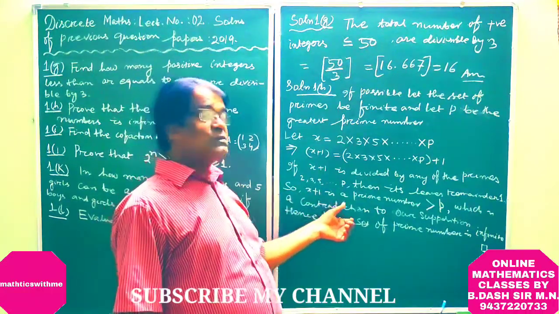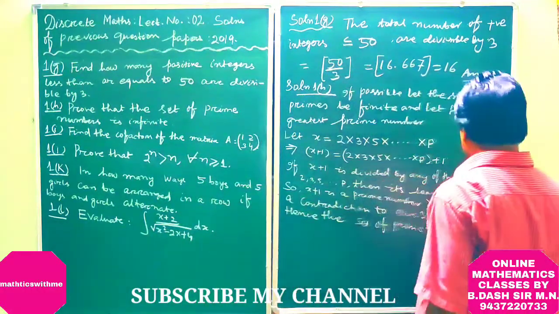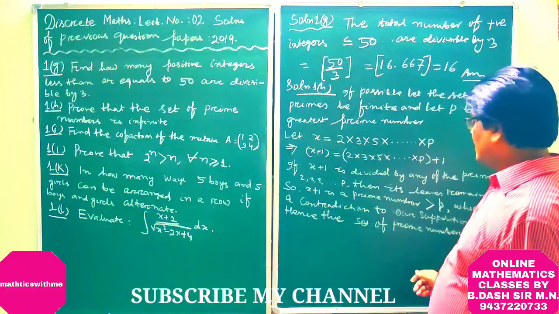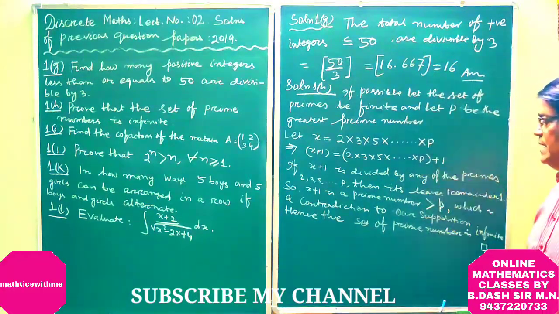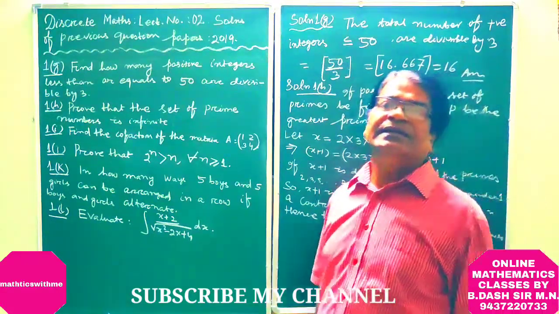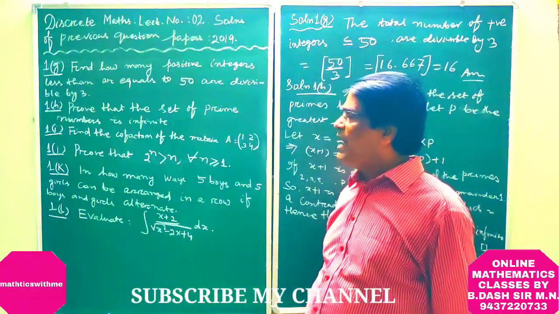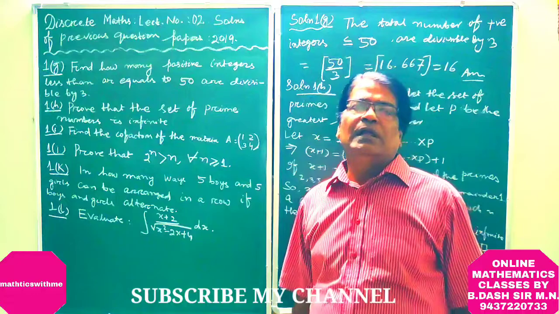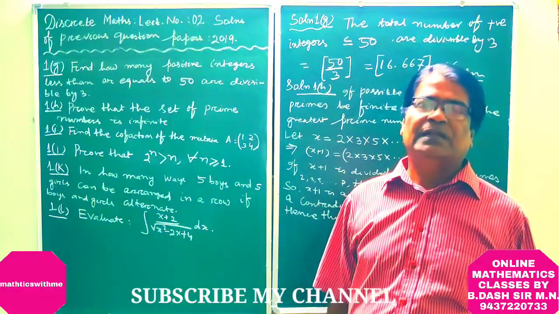It means X plus 1 is also a prime number which is greater than P, which is a contradiction to our supposition because we have taken P as the greatest prime number. Hence the set of prime numbers is infinite. So question number 1H is proved. Let us proceed to solve the next question.